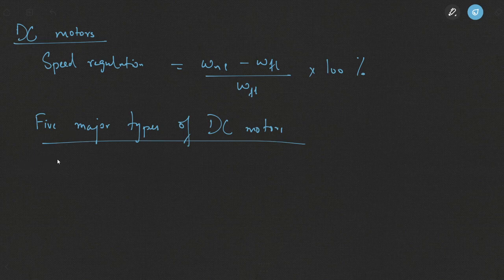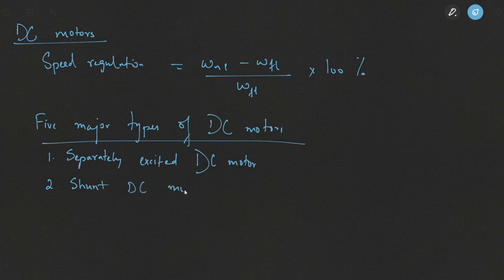Now we'll be looking at 5 different types of DC motors. One is the separately excited DC motor. Two, we have the shunt DC motor. Three, the series DC motor.